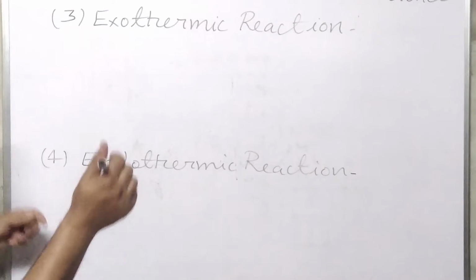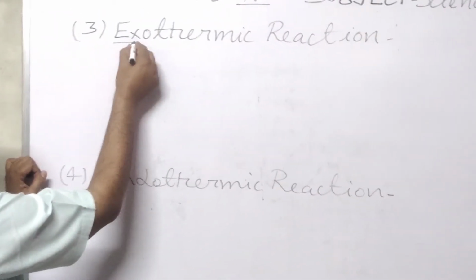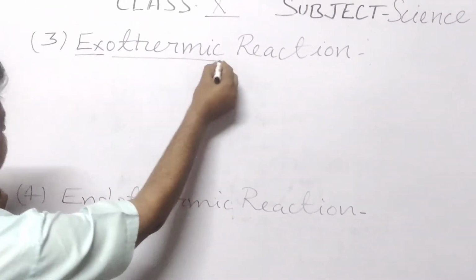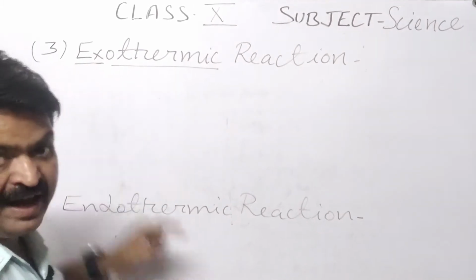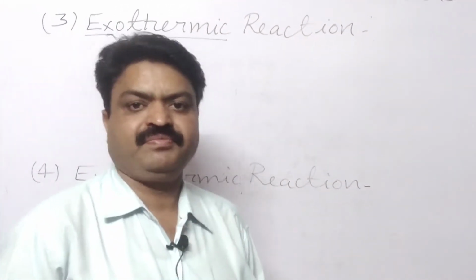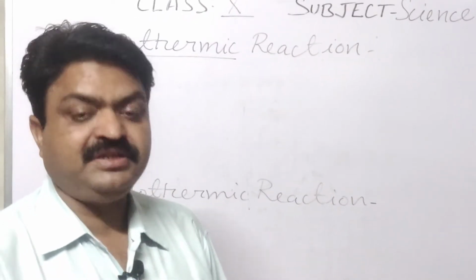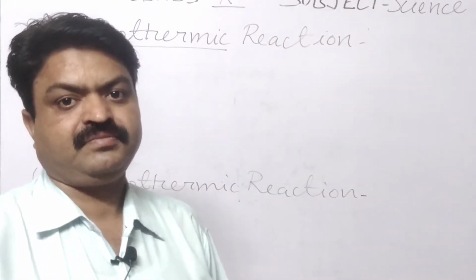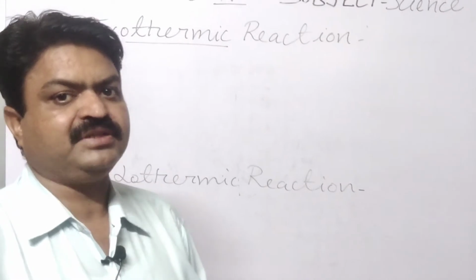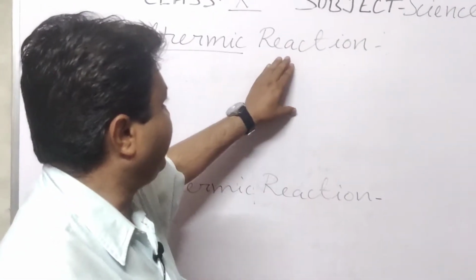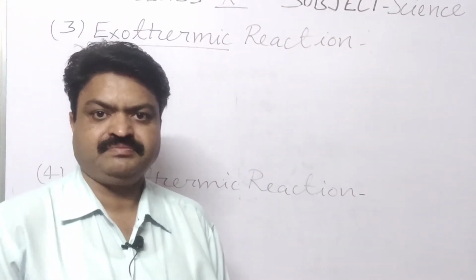With the help of this word you can easily understand: ex-thermic. Ex for exit, student, exit. The chemical reaction in which energy is released is known as an exothermic reaction.